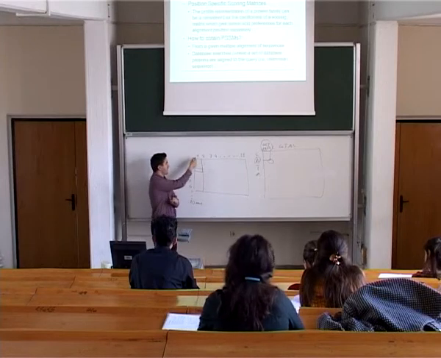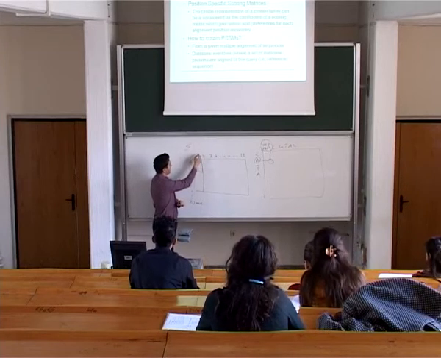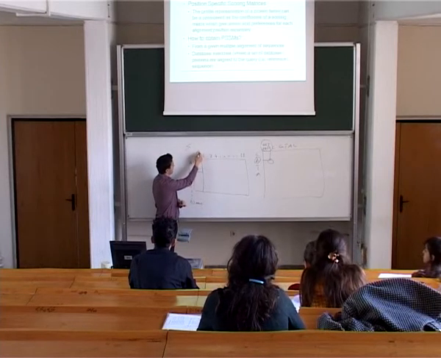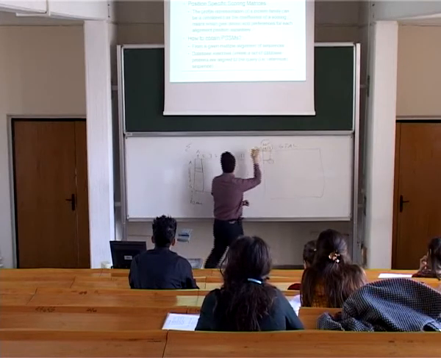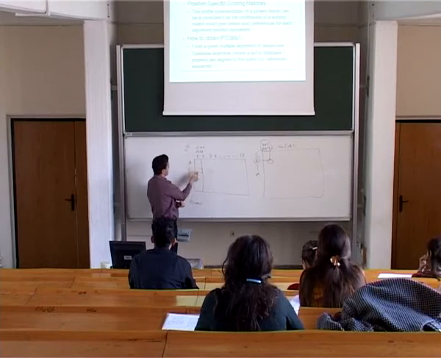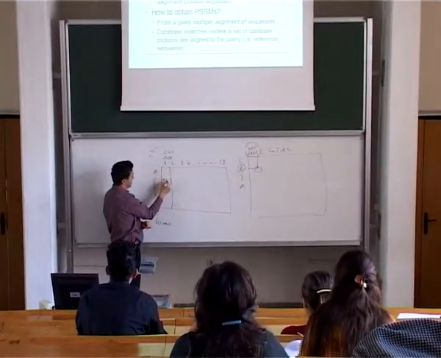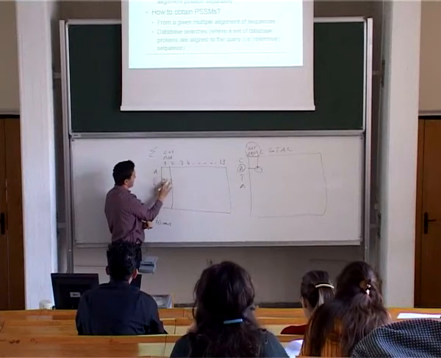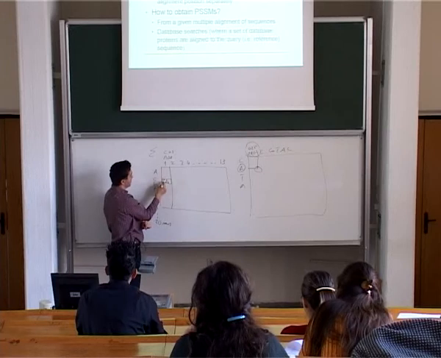This can be computed by just a weighted average of aligning C with, for example, if this was 80% A and 20% C, it's going to be the mismatch between C and A plus the match between C and C. We multiply this one with 0.8 and this one with 0.2.